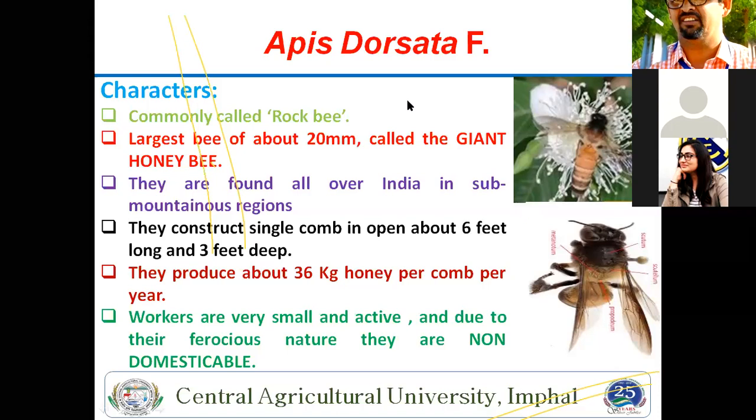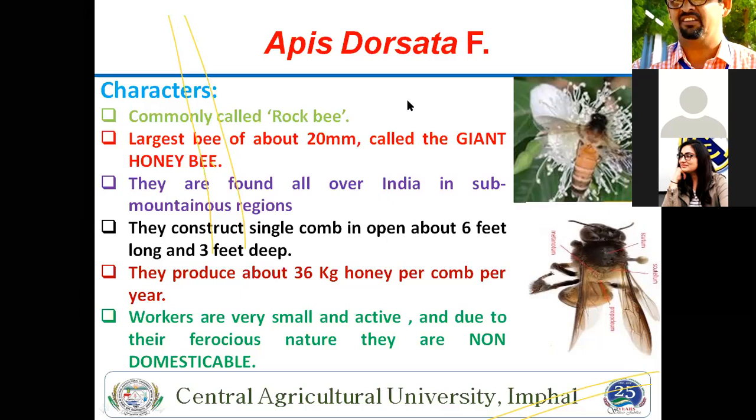Another thing is they are found all over India; mountains are the major area where this species is found. Then another important character: we have already told they construct a single comb. Apis mellifera and Apis cerana, meaning Italian bee and Indian bee, make parallel combs, many combs around 6, 8, 10, but Apis dorsata and Apis florea make only a single comb.